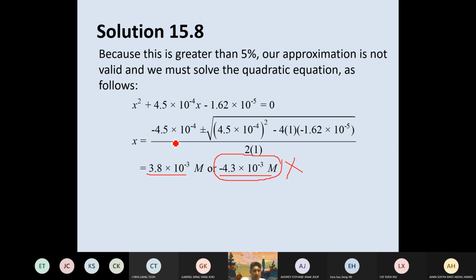Sometimes the figure is very big, like 400 or 4,000, which is impossible. We take only the reliable, possible one, and that is how we get the pH of the solution.